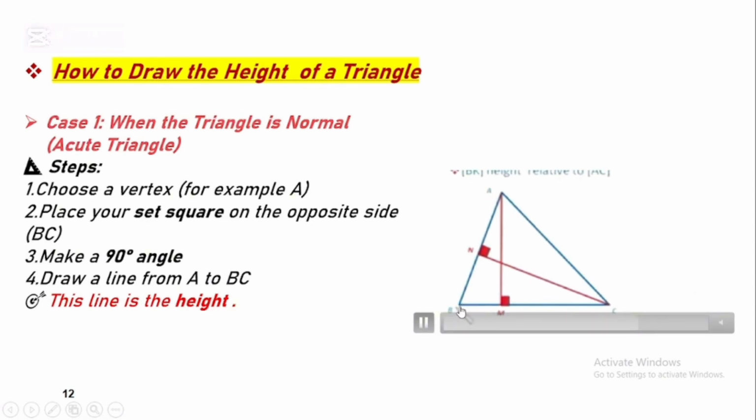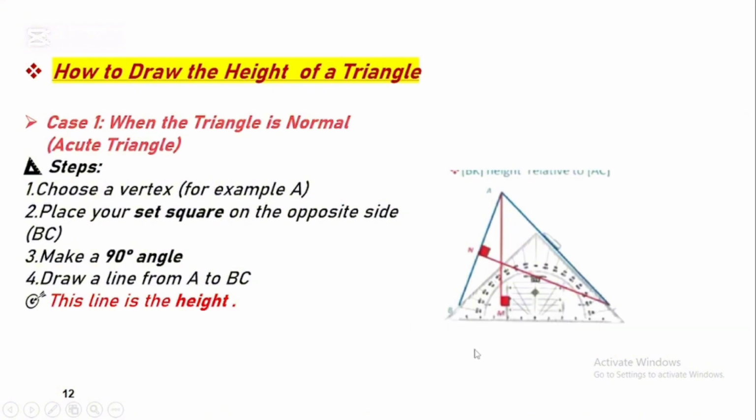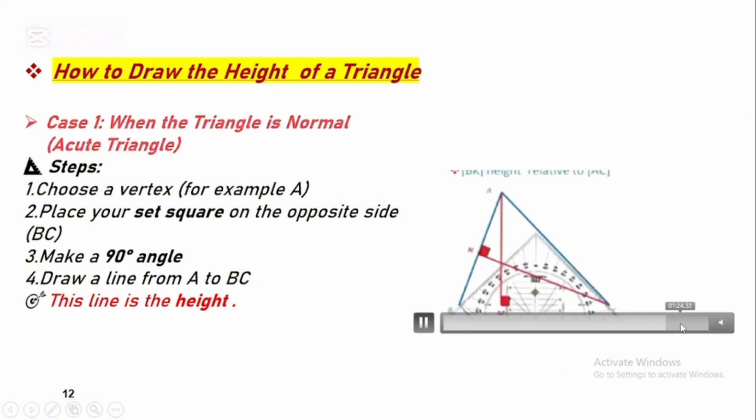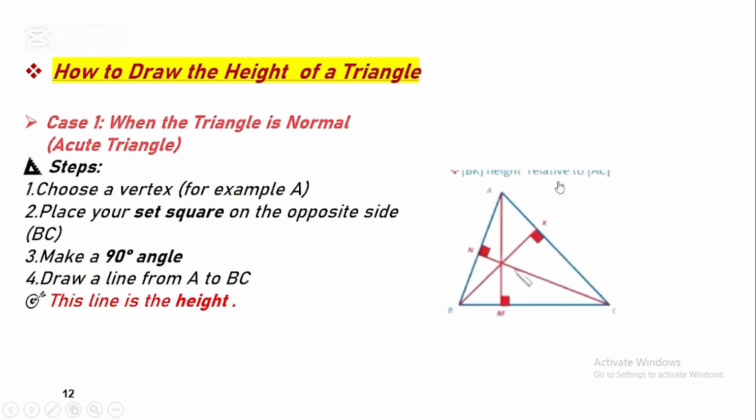The third height must be issued from B to AC. So we put the set square making 90 degrees with AC, and from B we draw a line to AC. And this is the third height, BK.